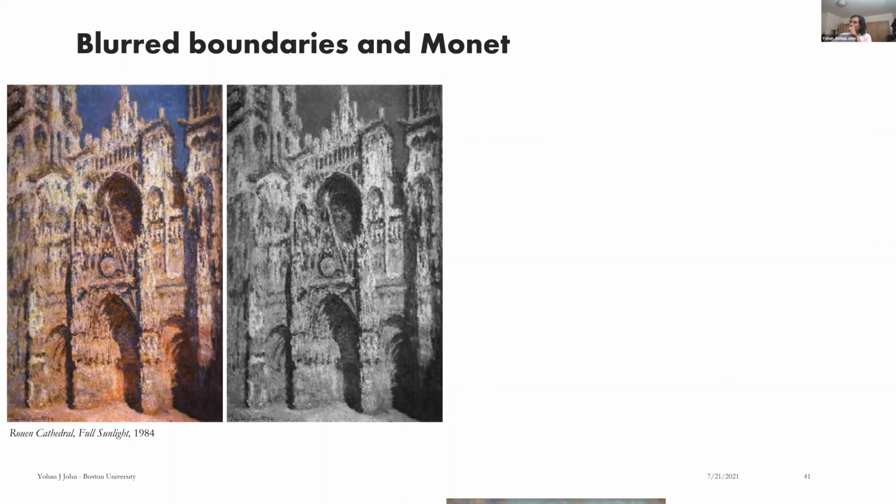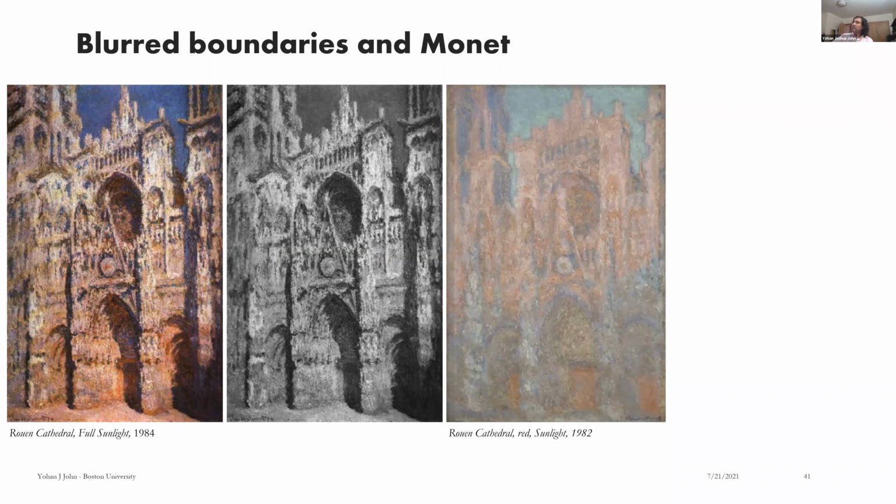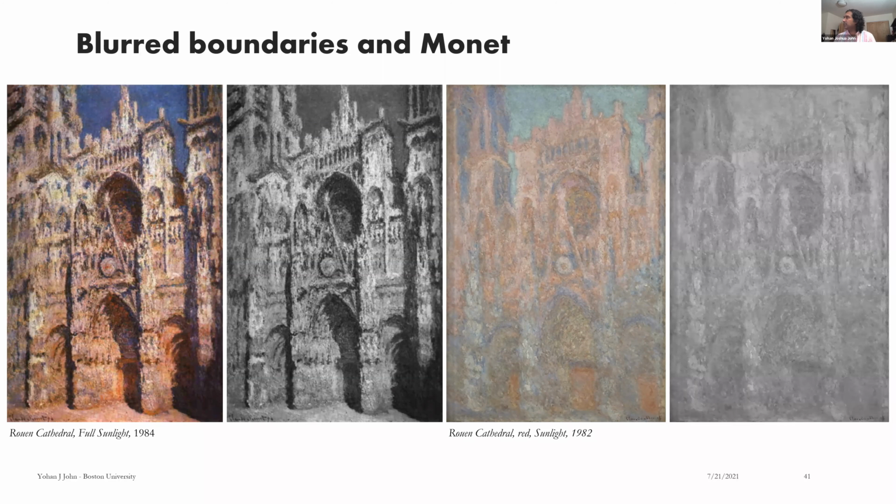Whereas in this other painting from the series, 1882, it looks different. There's a haziness to it. And when you look at the grayscale version, you realize that much of the information is being presented in the color space and not in the value space.